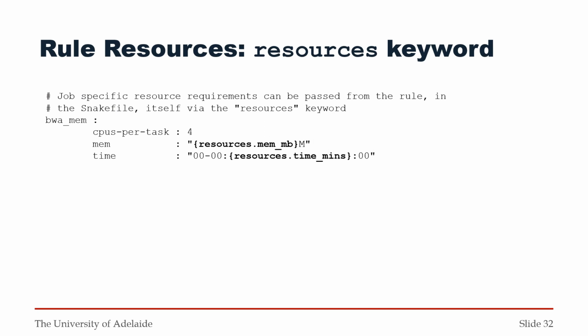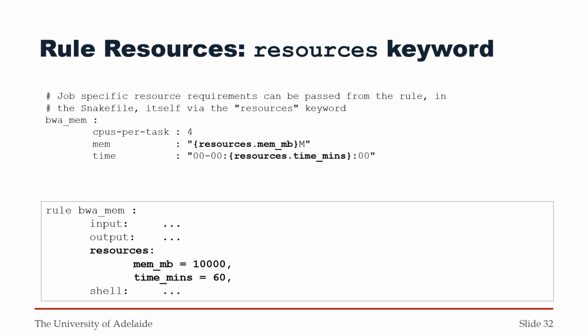In this cluster config YAML file, we can use these variables rather than hard coding them in there. So it's curly braces again, which is very common in Snakemake. Resources refers to the resources that are specified elsewhere, and I'll show you this file here. And in this case MB refers to the value within the rule.